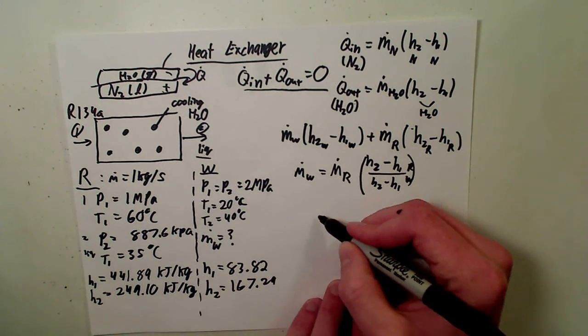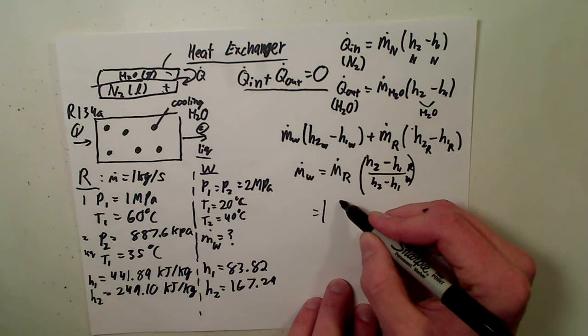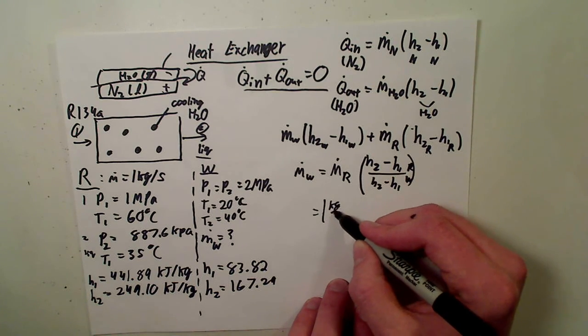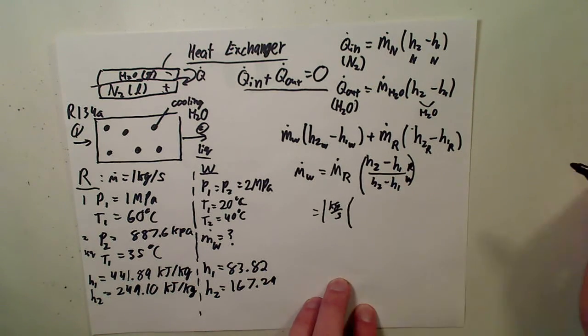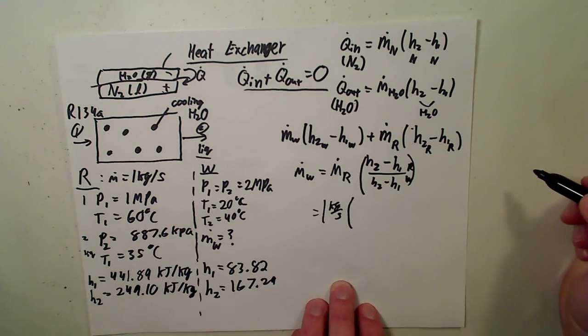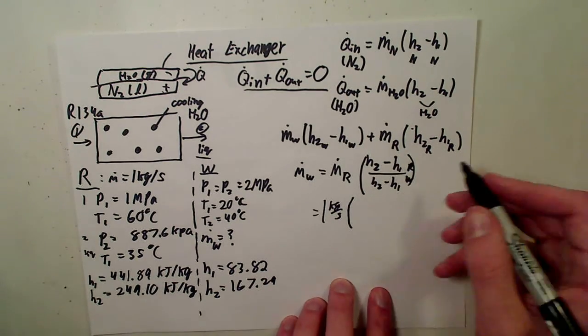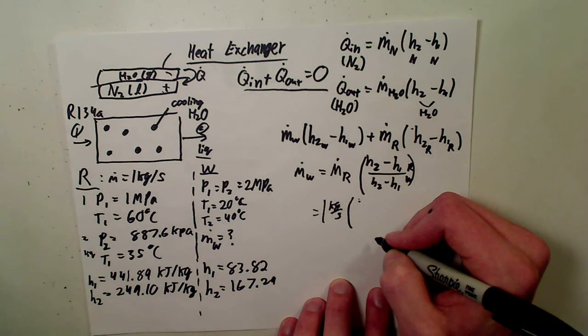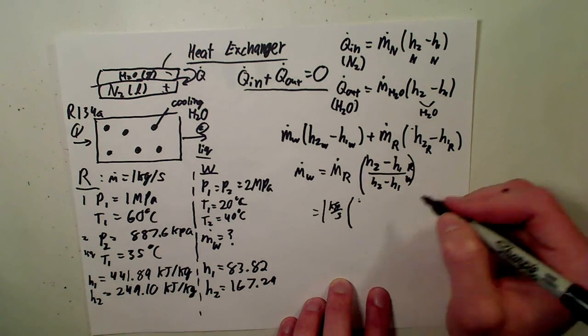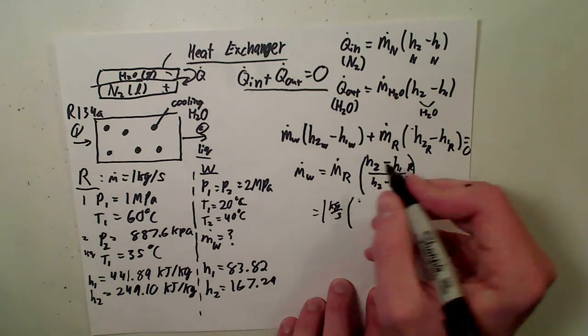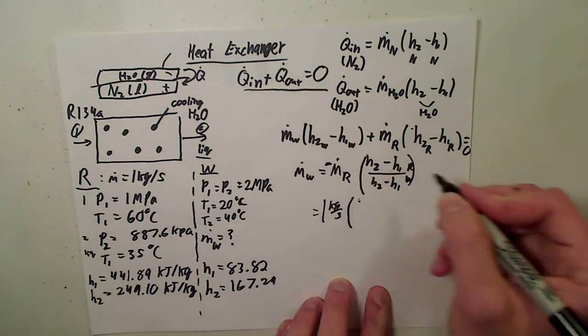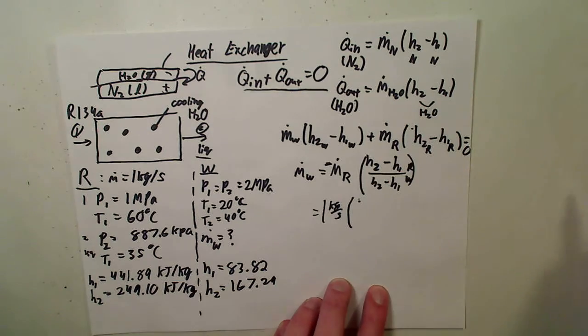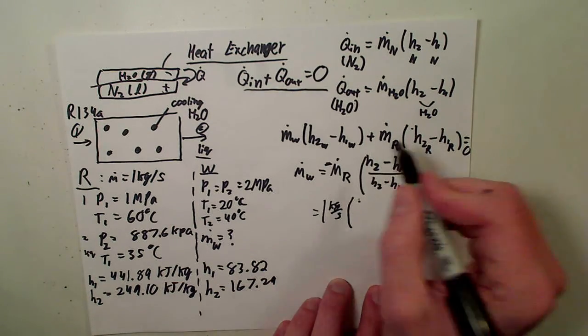Plug and chug. So that equals 1 kilogram per second times. So there's actually going to be a negative sign there because we're going to have to subtract this over so we can divide.